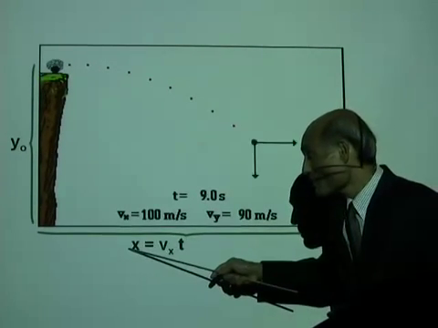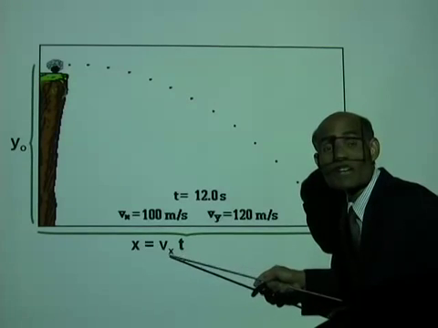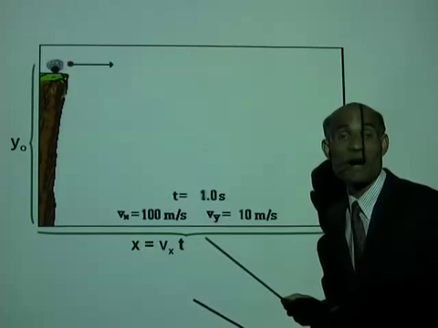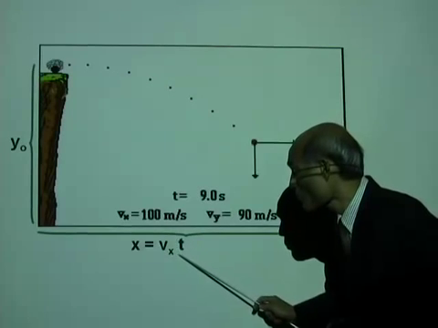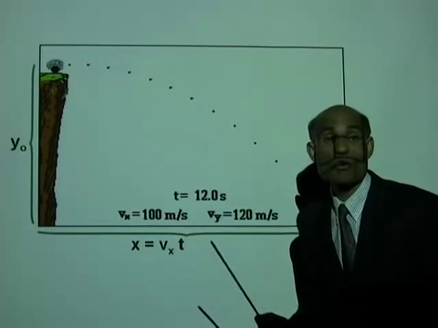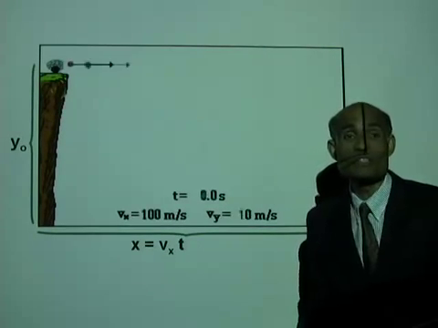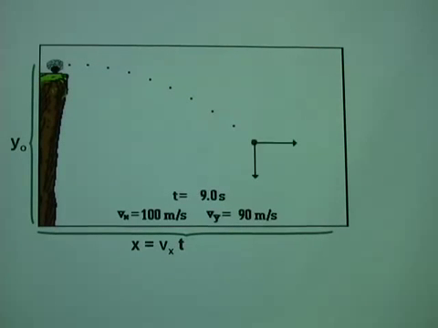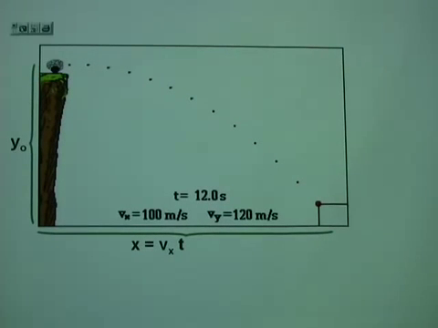Horizontal distance is Vx multiplied by that time. So if I write this time as the square root of 2y0 over g, I can say x, the horizontal distance traveled, will be Vx times the square root of 2y0 over g.